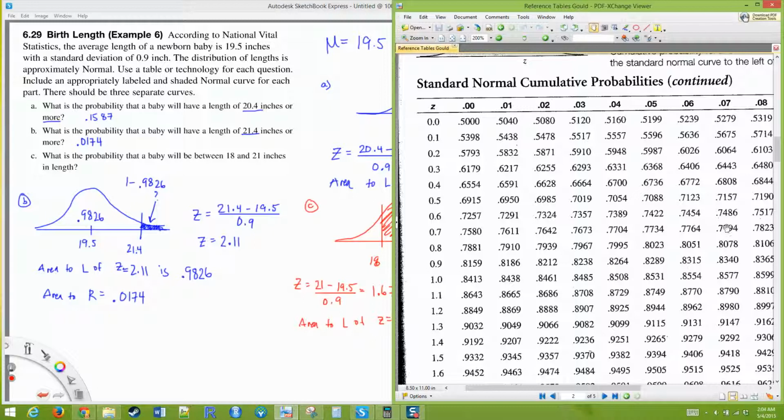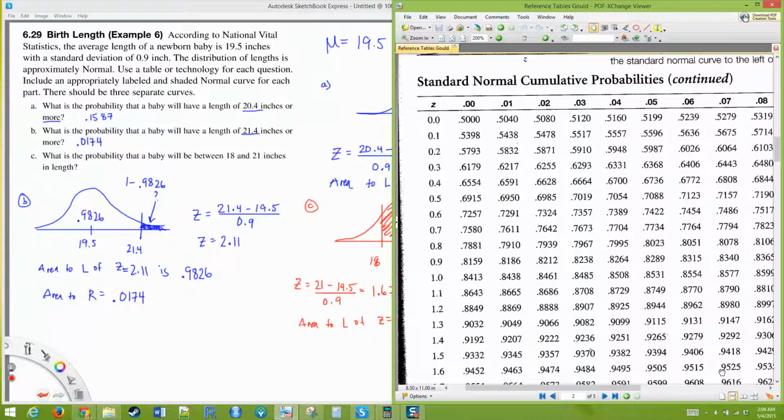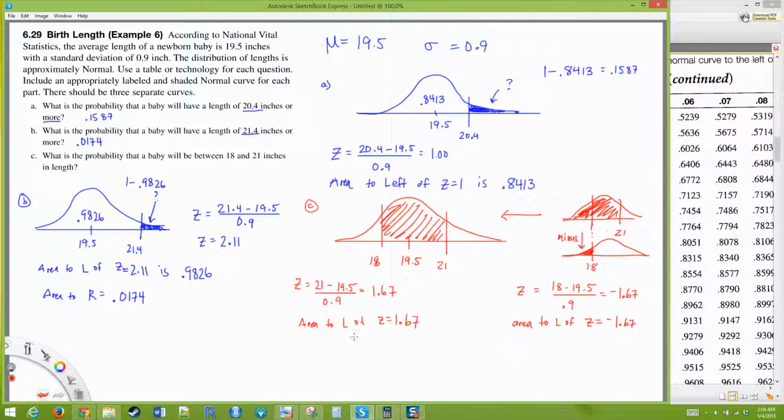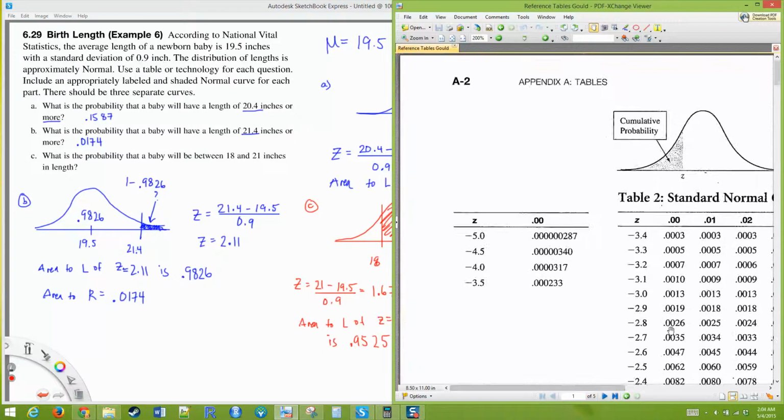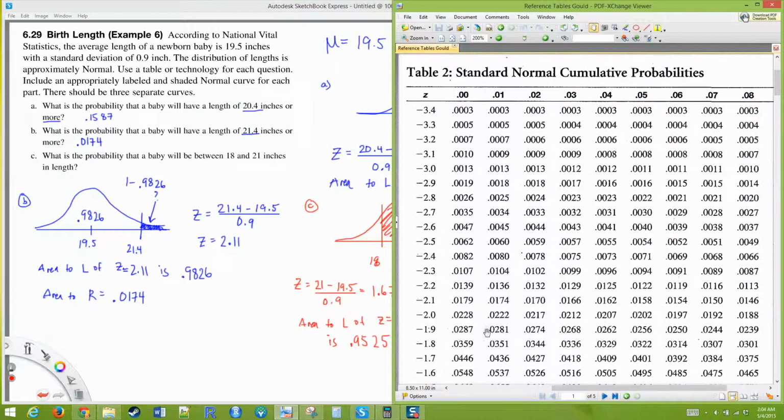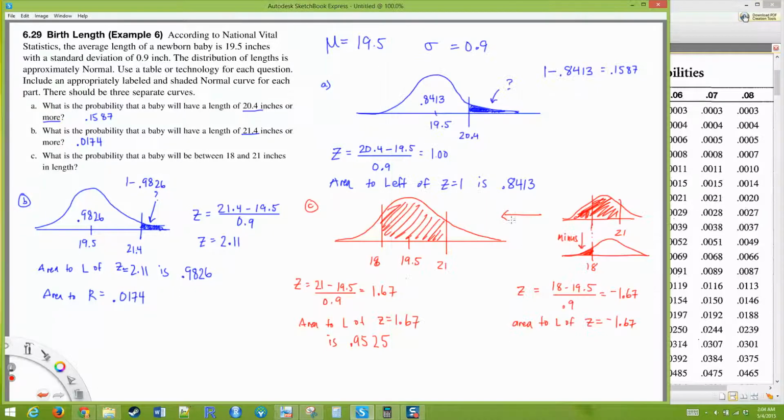The column 0.07 gives me the area to the left is 0.9525. I'm going to look up on the negative side of the table. Negative 1.67. Negative 1.6, column 0.07 gives me 0.0475.